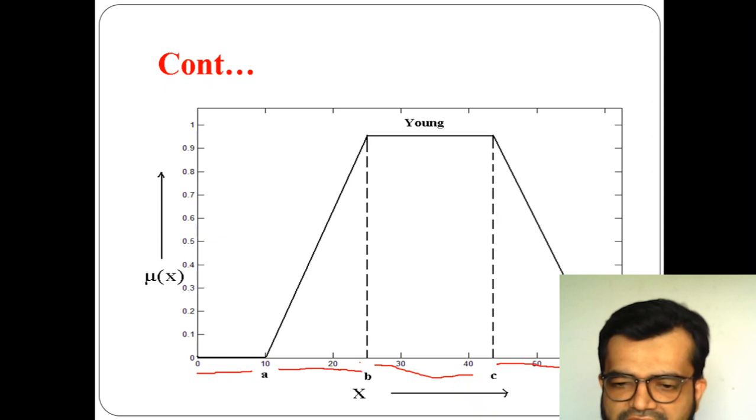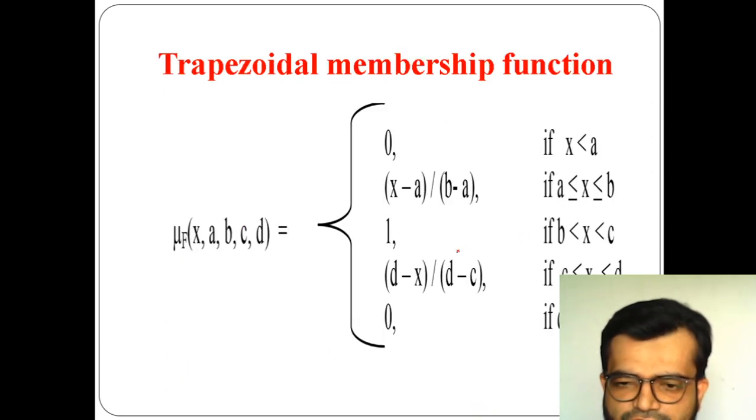That's why here 4 sets are there, and here 5 are there.